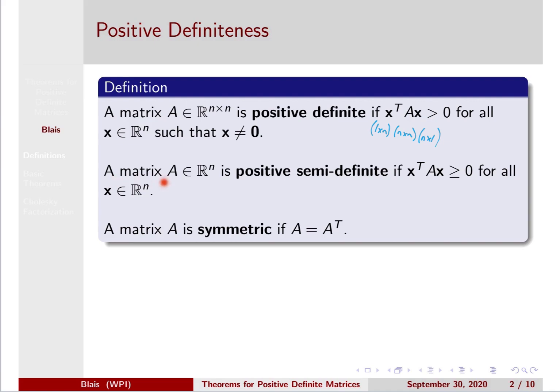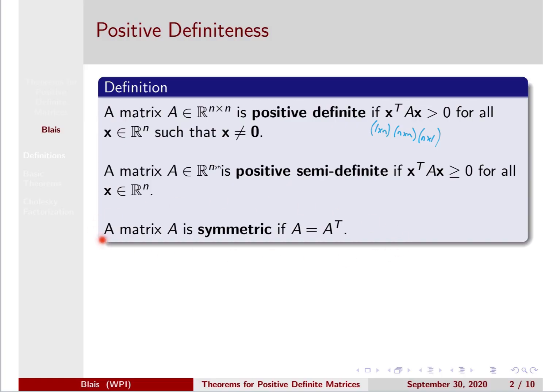Slightly weaker, we have that the matrix A in R^(n×n) is positive semi-definite if x transpose Ax is greater than or equal to 0 for all x in R^n. Slightly weaker because we can allow this quadratic form to be equal to 0.